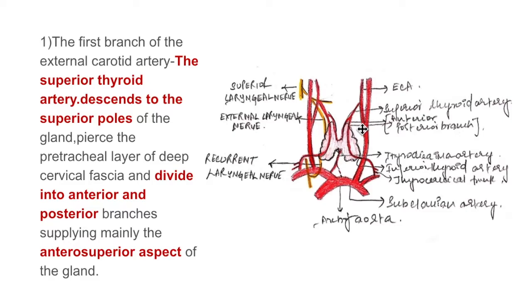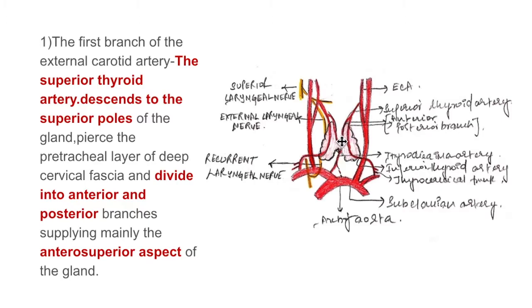Now, the idea is quite simple: the anterosuperior aspect is supplied by the superior thyroid artery, a branch of the external carotid artery. Also, at the level of the isthmus, the right and the left superior thyroid arteries anastomose.